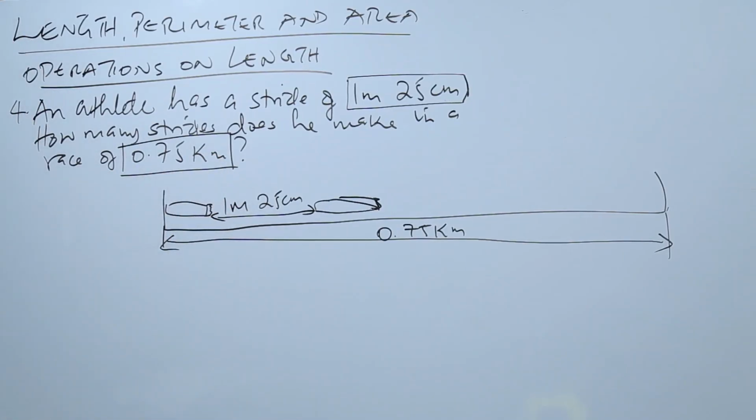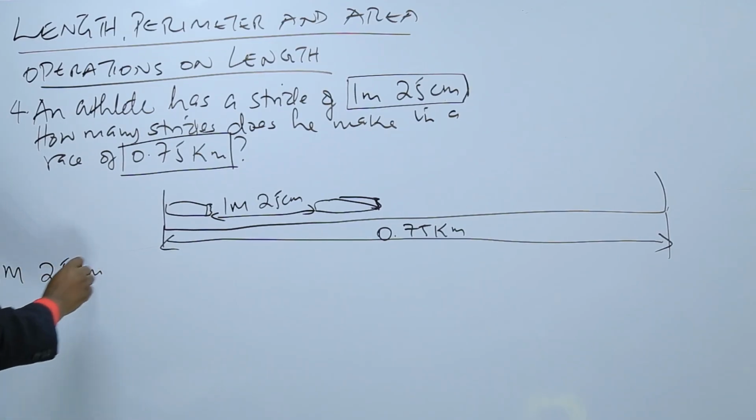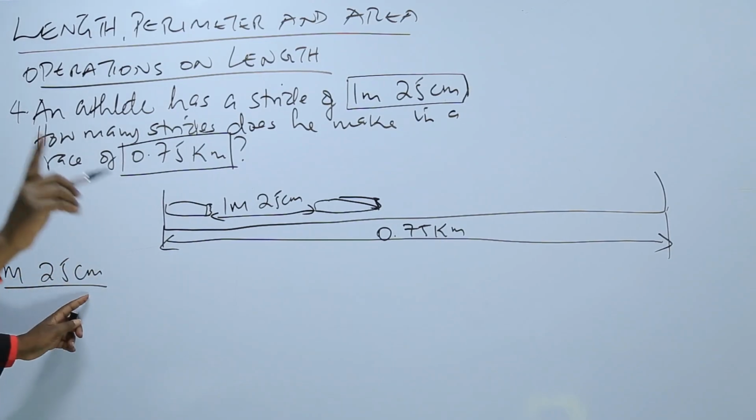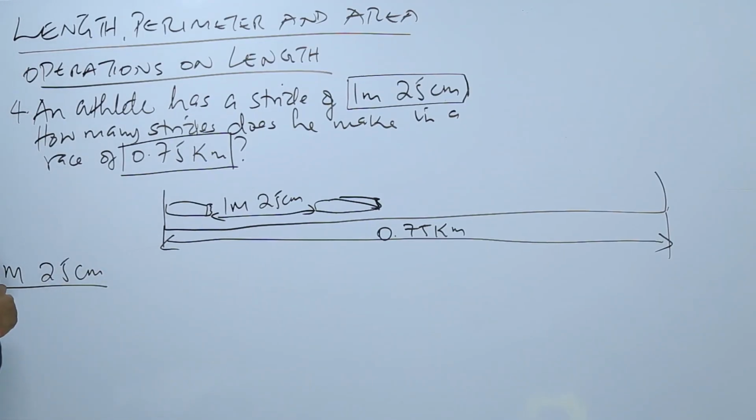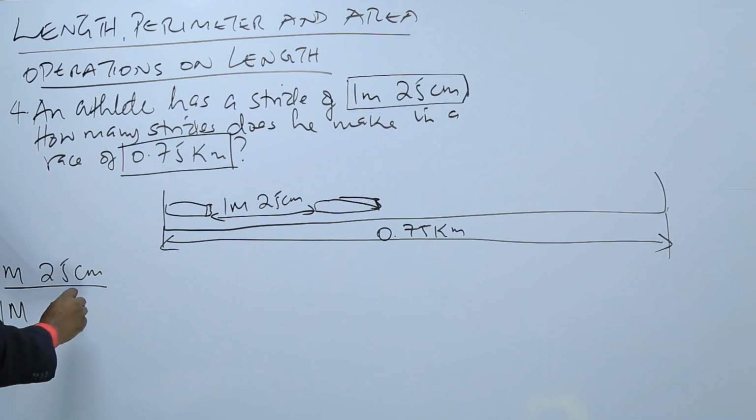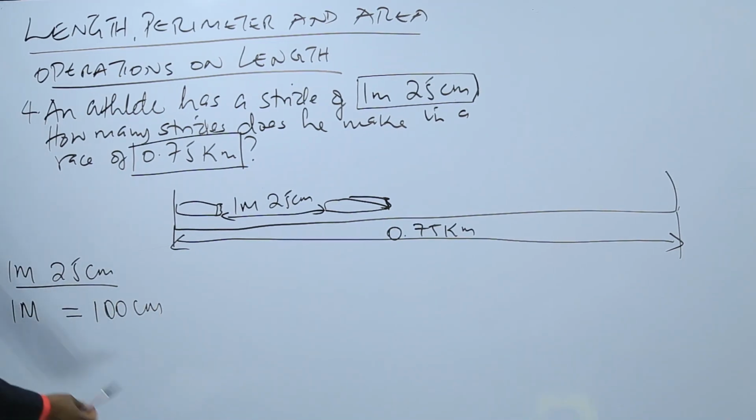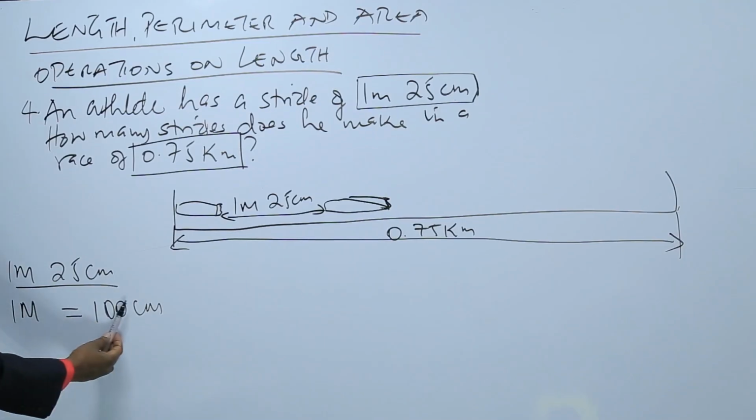So 1 meter and 25 centimeters, we need to convert this into centimeters. We know 1 meter is equal to 100 centimeters. We have already converted 1 meter into centimeters.